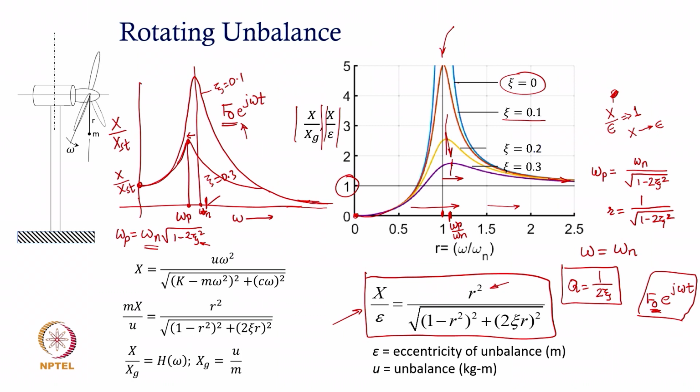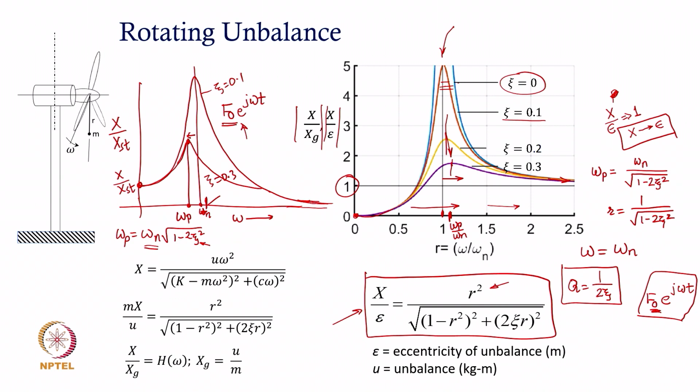So, if you spin faster and faster, your amplitudes will obviously not be as large as they are at resonance, but they will approach a value of unbalanced eccentricity. Now, that is very interesting, because as the speed increases, it approaches the eccentricity value.